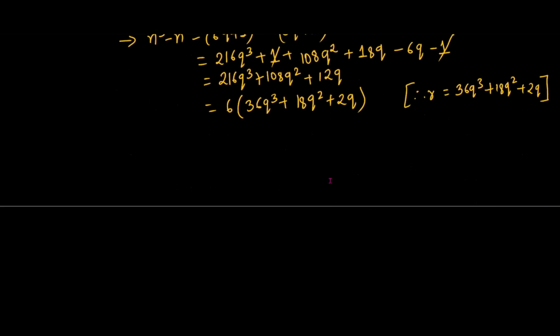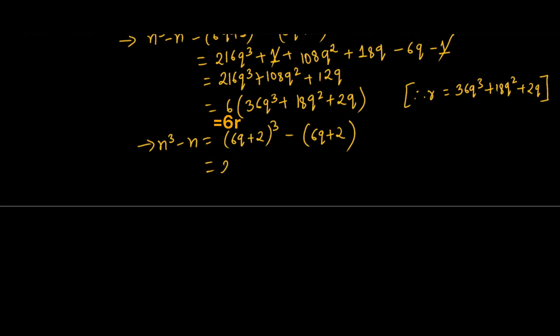So moving towards next, so we will take n cube minus n is equals to 6q plus 2 whole cube minus 6q plus 2. So we will apply a plus b whole cube.